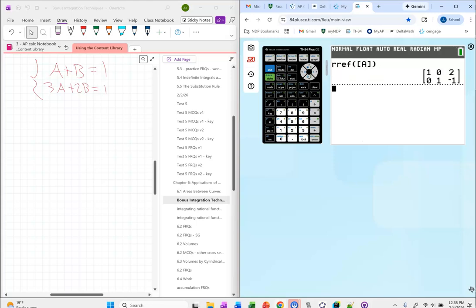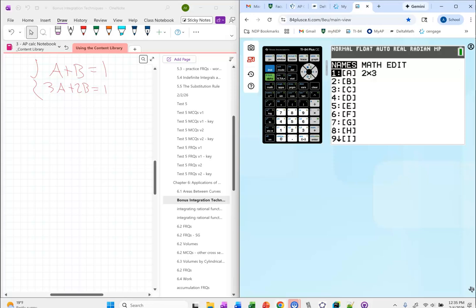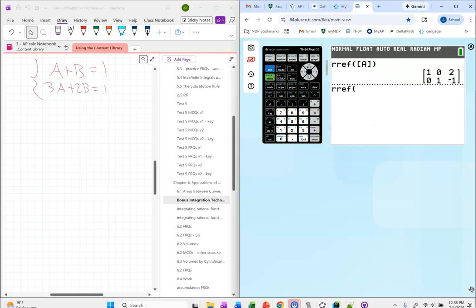The command I need is called RREF. To find that command, we'll go back to the matrix menu. And this time we'll go over to the Math tab. And the command I want, I think, is B. So I'm going to scroll down. There it is. Make sure you pick RREF. For those of you that are curious, that stands for Row Reduced Echelon Form.